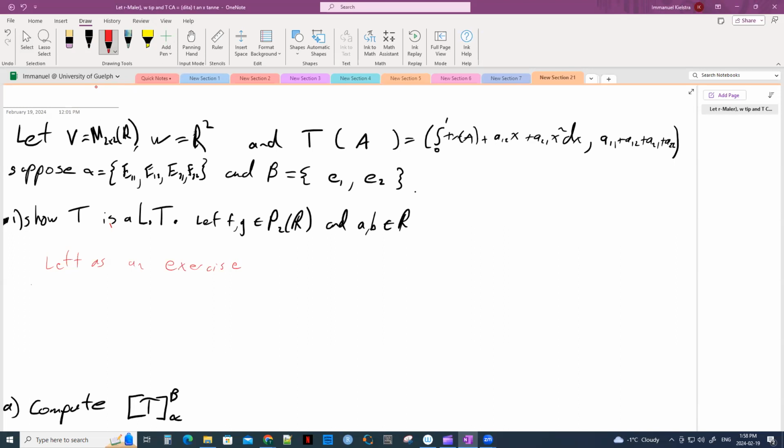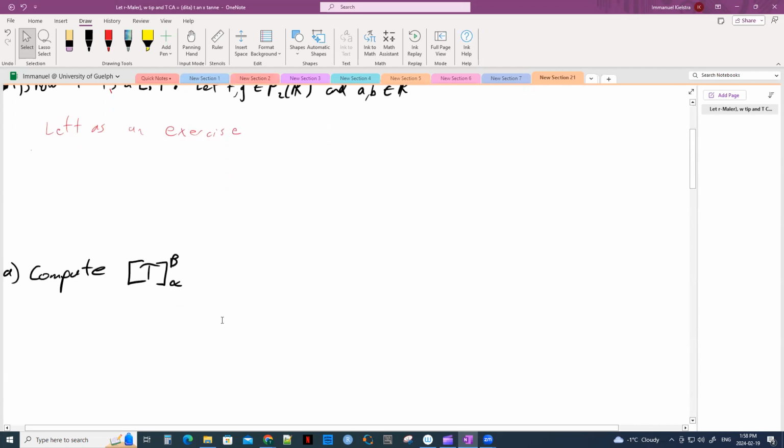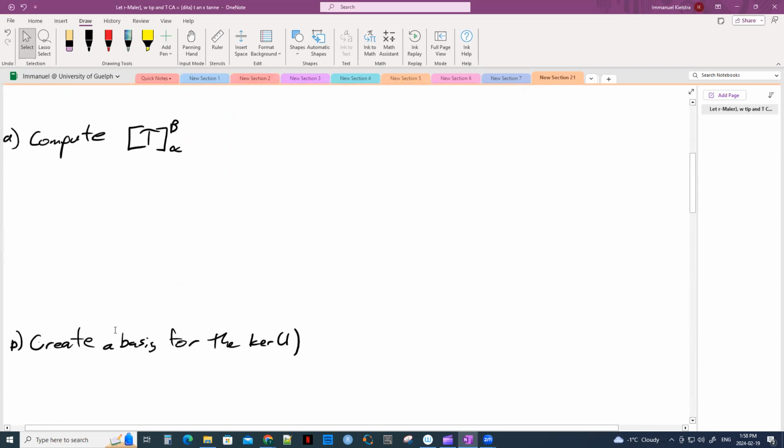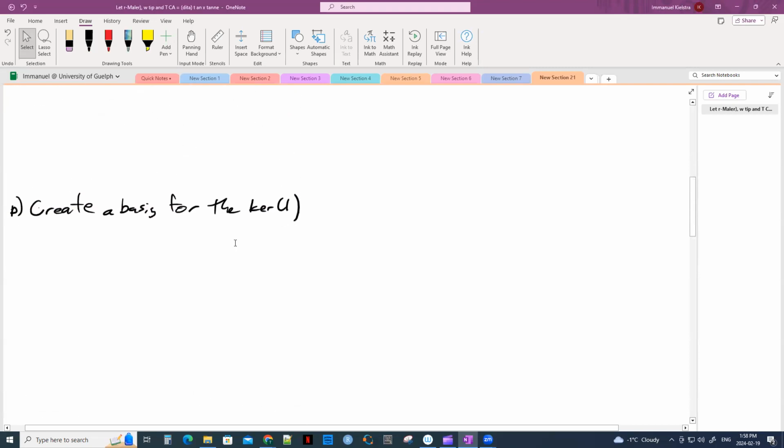You're going to take two general matrices, two general scalars in the real numbers, and determine that T applied to aV1 plus bV2 is in fact equal to aT of V1 plus bT of V2. Now what we're going to focus on is computing the matrix representation, the basis for our linear transformation and the image of our linear transformation. Then we'll give the kernel of T.